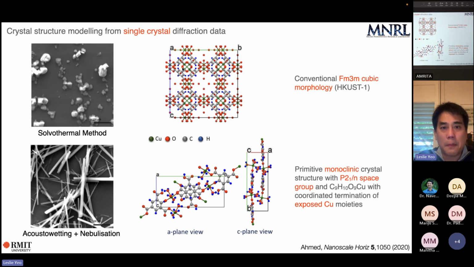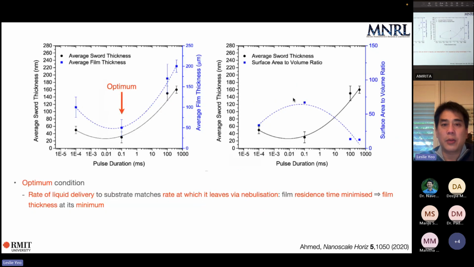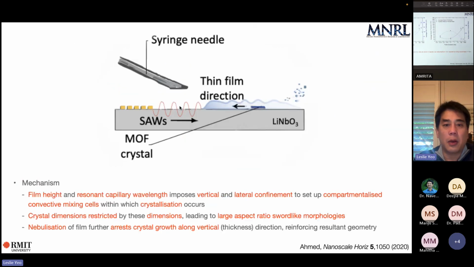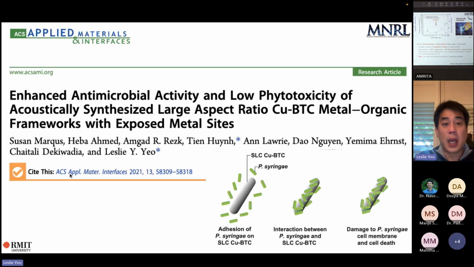For example, here they're embedded internally within the 3D structure of the morph. Now, if you make it 2D and the copper atoms are exposed on the surface, then it becomes a lot more conductive. And we show, for example, that we can get about 100 times higher conductivity than conventional HCAS. That's all I'm going to say because of time.